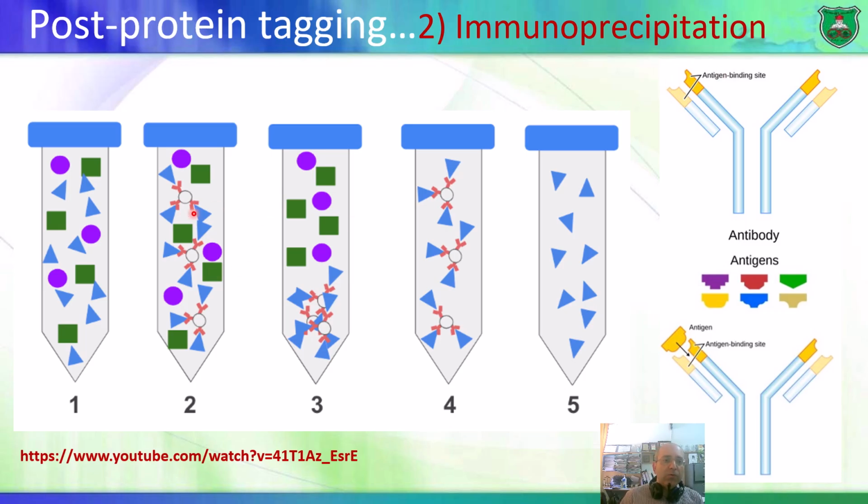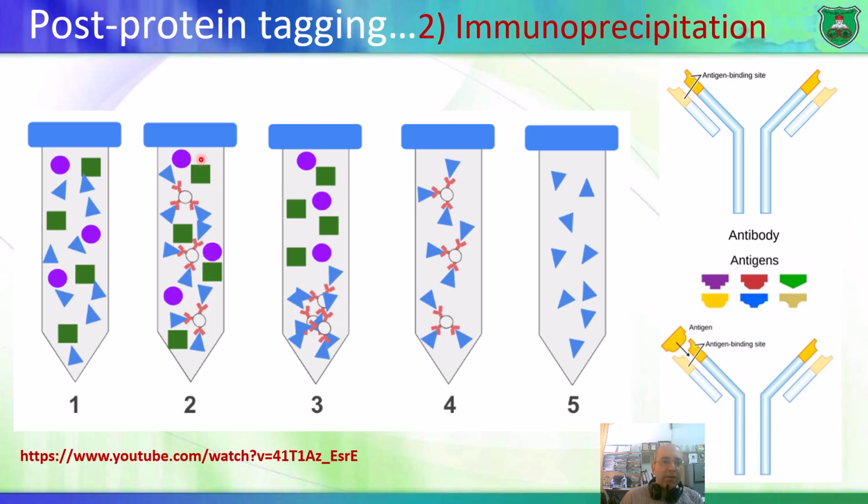So what we do is we have a large collection of different proteins. We add a resin, a bead again, and this bead contains antibodies attached to the surfaces of these beads.